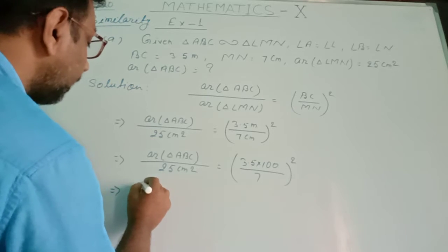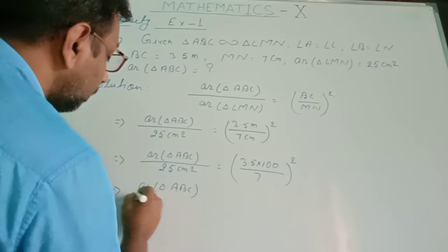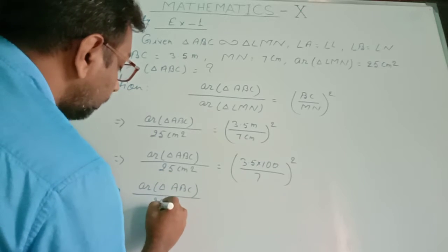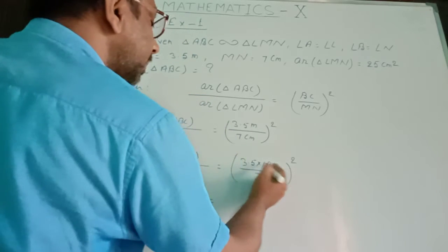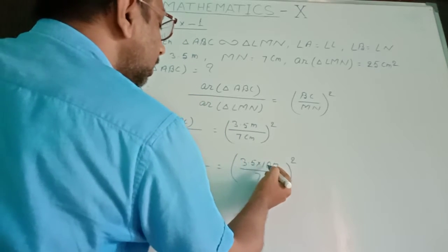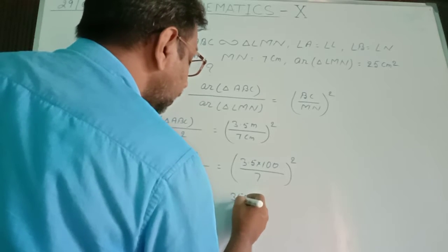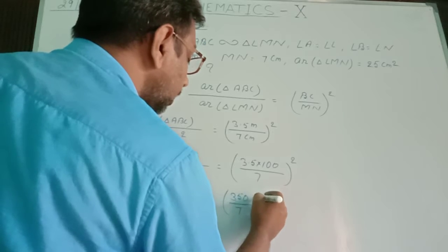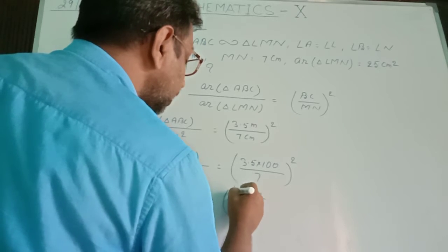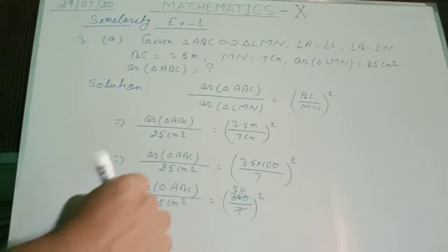Equal to area of triangle ABC by 25 centimeter square equal to, double zero will come decimal after one digit, so this will be 350 by 7 whole square. We can cancel it, 7 5s are 35 and 1 0.